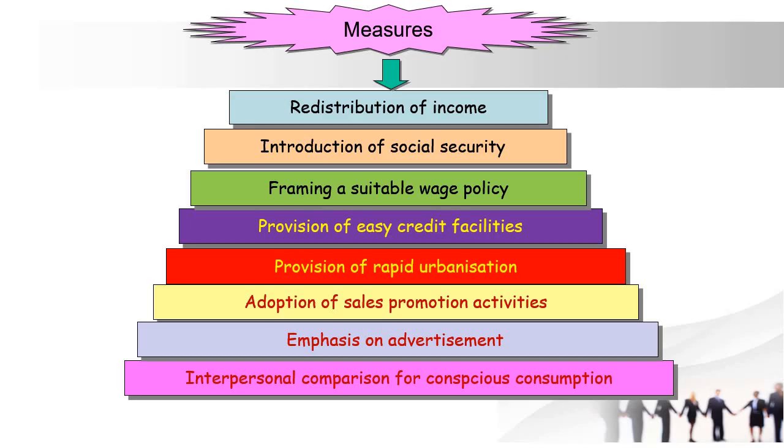The industries as well as the media promote advertisement for the commodities, then the consumer automatically consumes the products. Then the eighth measure is interpersonal comparison for conspicuous consumption. Giving publicity to interpersonal comparison for conspicuous consumption means comparing with others, then automatically the people consume more commodities.